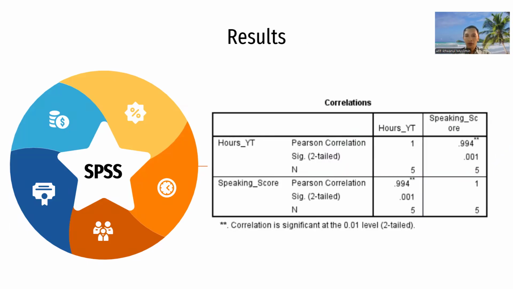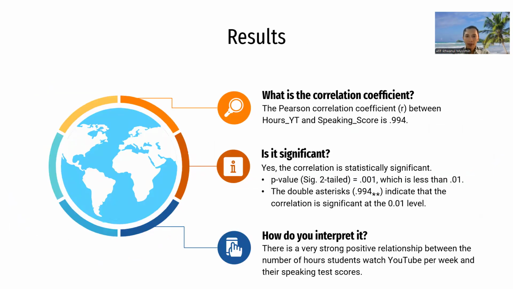So we have the hours of YouTube watching. We can see that the significance two-tailed value is 0.01, which is lower than 0.05, so it means that there is a correlation between the two variables. And we can see that the Pearson correlation, or the R score, is 0.994, and it belongs to a very strong correlation.